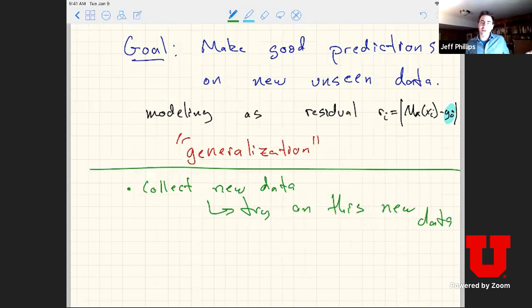Sometimes you can do this, and you're not somehow cheating on the data you have. But if you can't wait to collect new data, then what should you do instead?